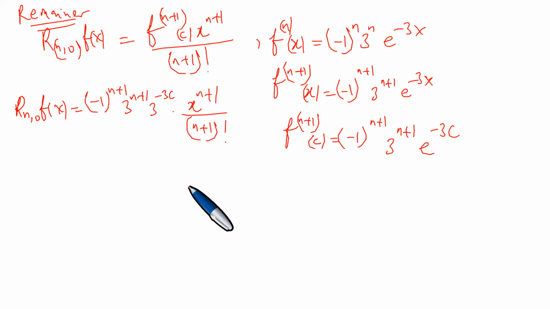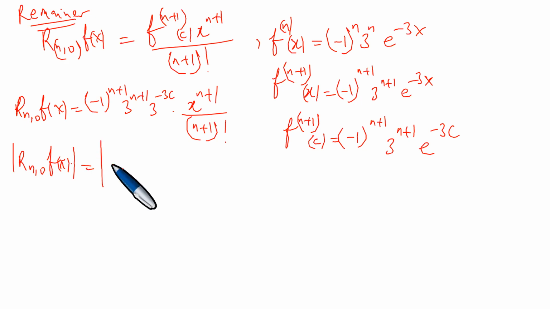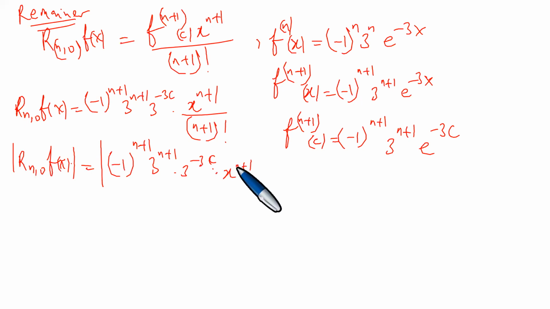Like this. From which we get the modulus of this. The modulus, then this becomes positive. You get this, n plus 1, 3 to the n plus 1. You have this one divided by this.